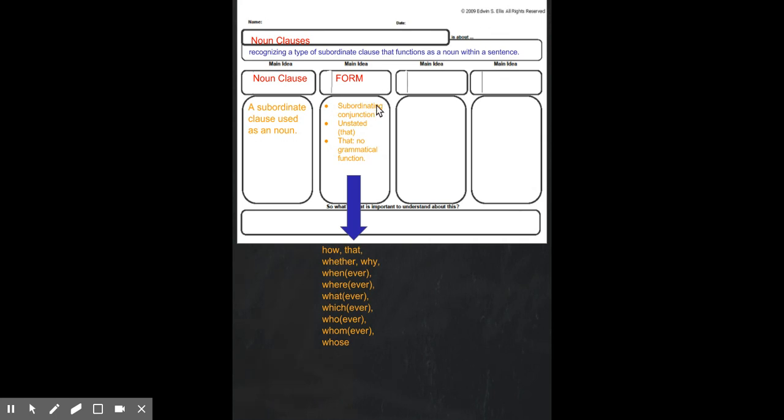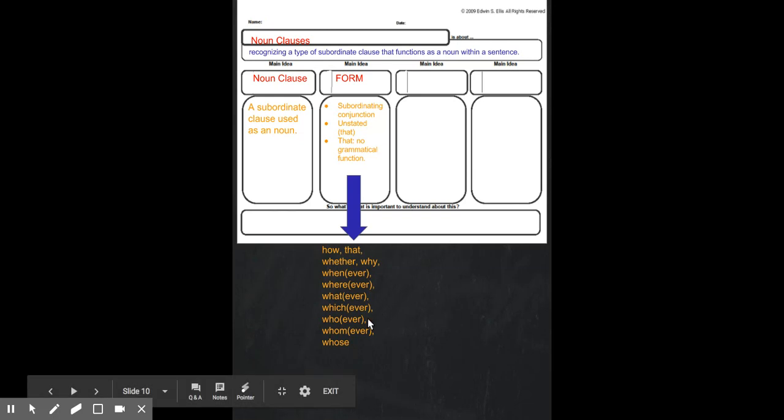Sometimes it's an unstated that, and sometimes it's a that with no grammatical function. Some other examples of subordinating conjunctions are down here below: how, that, whether, why, whenever, wherever, whatever, whichever, whoever, and then the WH questions: when, where, what, who, whom, whose. So that is your conjunction words.